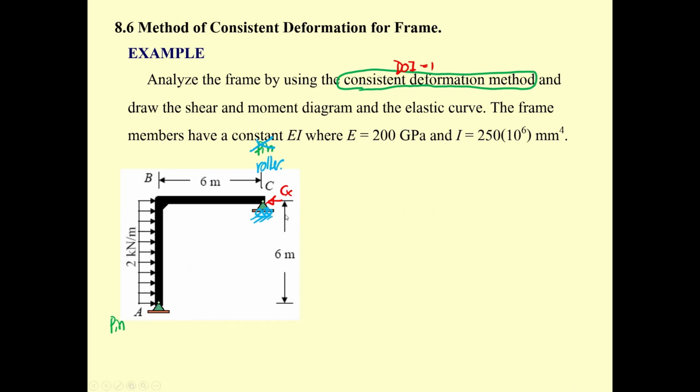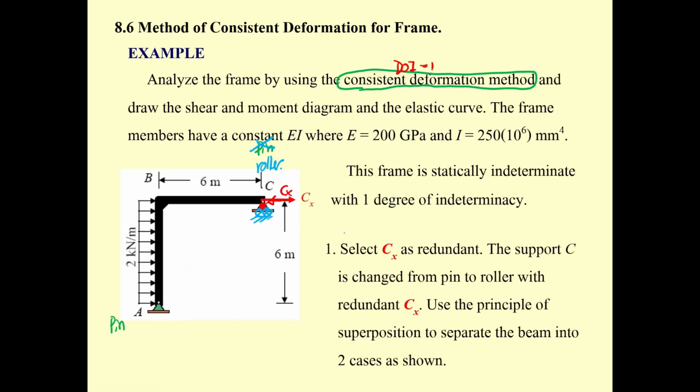Now, when you put this one as your redundant, again you must check the pin to the roller with the redundant C sub X. Why do we do this? Because with the knowledge of chapter 7, we can only analyze the statically determinate structure.